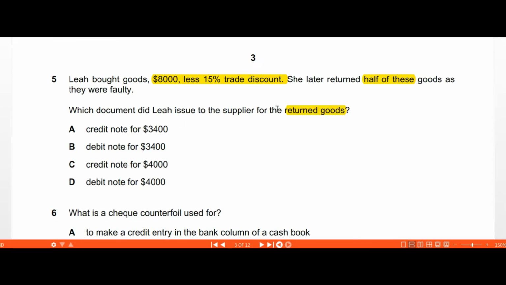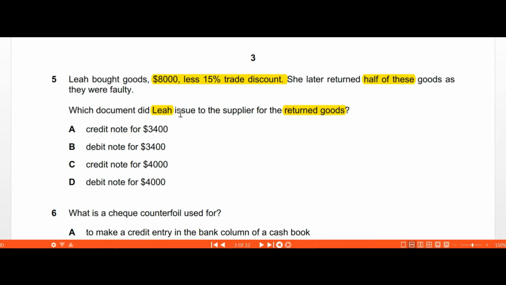Okay, whenever we're talking about returned goods, we talk about two main documents: credit note and the debit note. Now debit note is issued by the customer to the supplier, in order to identify that these are the goods that we are returning, and the credit note is issued by the supplier to the customer to clarify or to give them a surety that their account has been credited by that particular amount that they have returned.